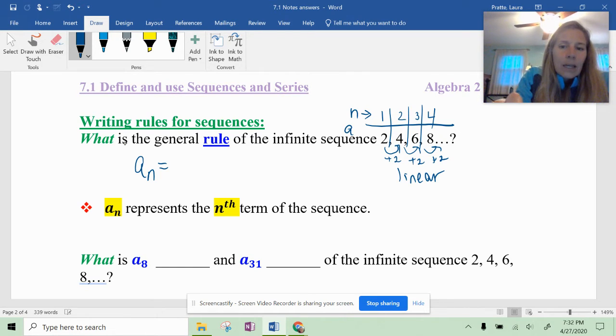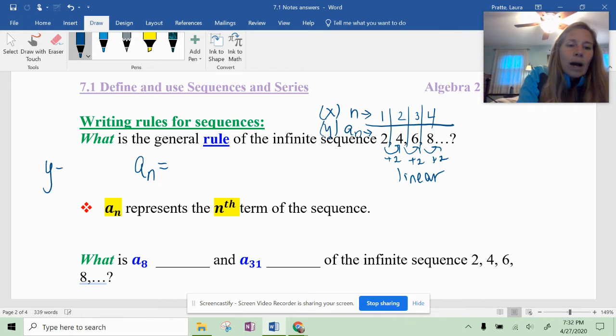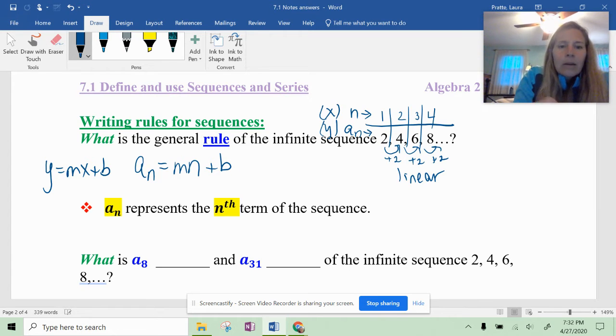So instead of using an x and a y, we're using n and a sub n, but it's the same kind of idea. So instead of y equals mx plus b when you're doing linear, it's a sub n equals mn plus b, kind of like that.